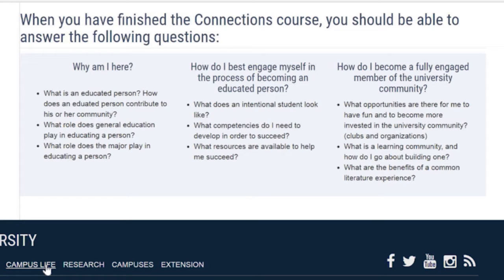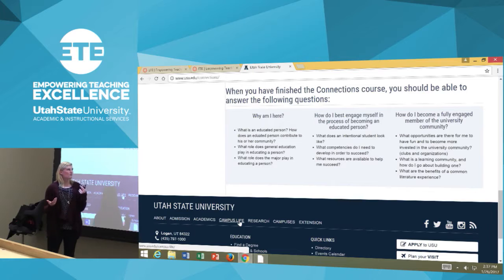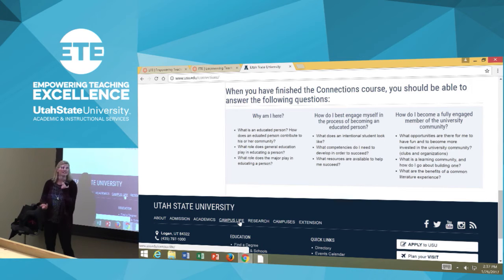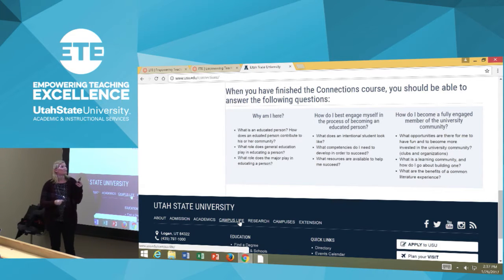How to be a fully engaged member of a learning community will help retain them, help keep them at the university, and is another really important question to answer for these students.